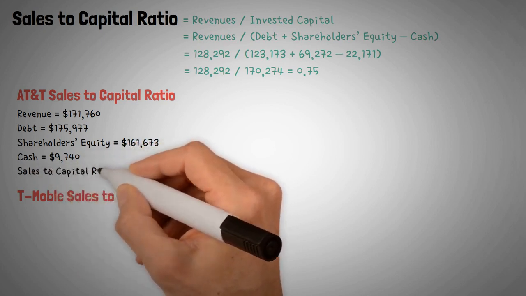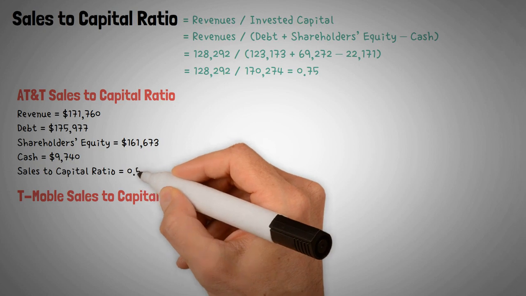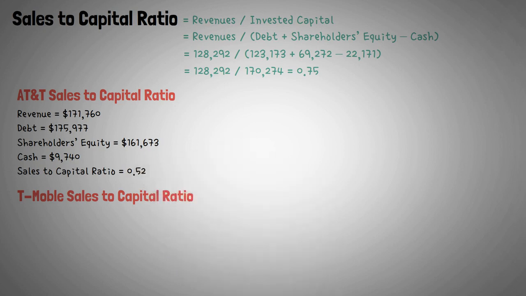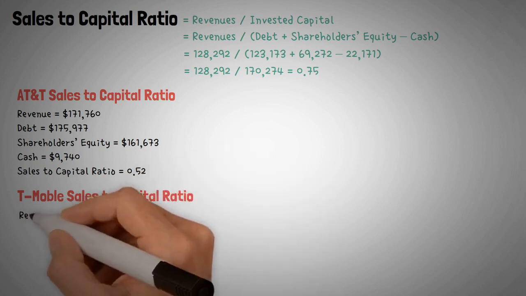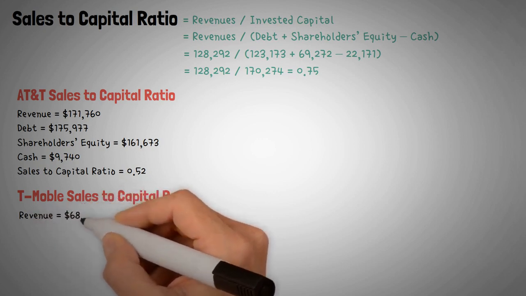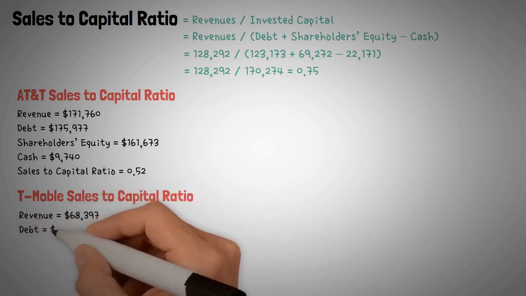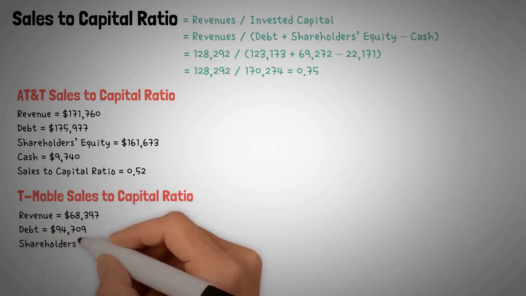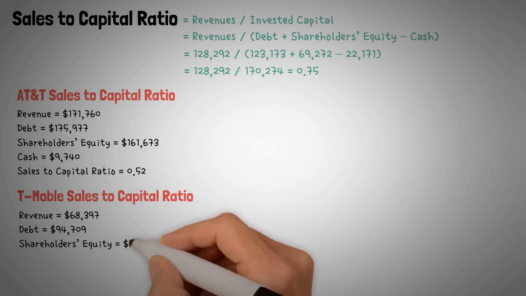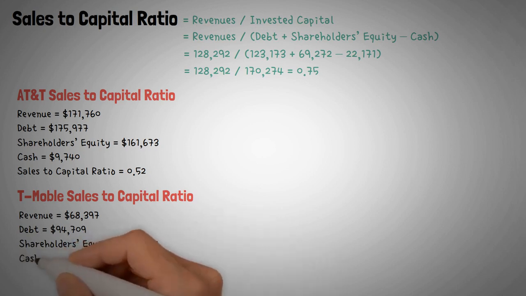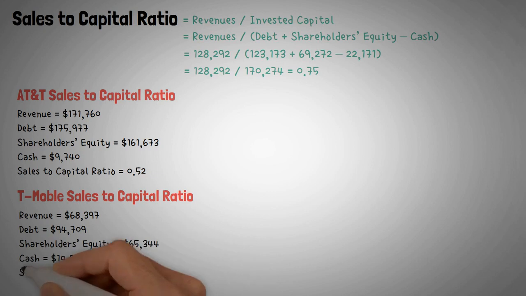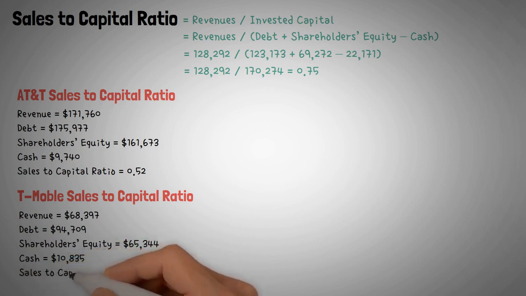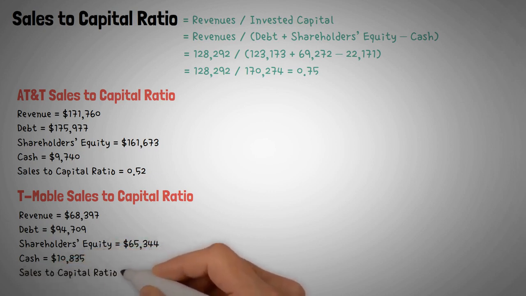Sales to capital ratio, 0.52. AT&T sales to capital ratio. Revenue, $68,397. Debt, $94,709. Shareholders' equity, $65,344. Cash, $10,835. Sales to capital ratio, 0.45. T-Mobile sales to capital ratio.